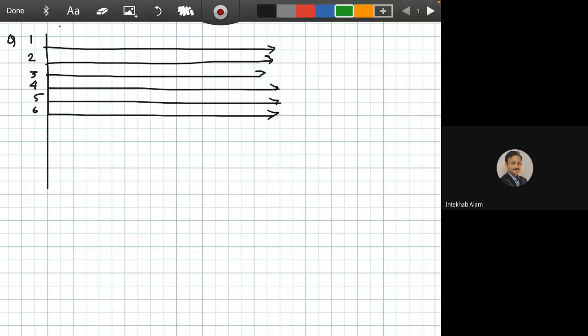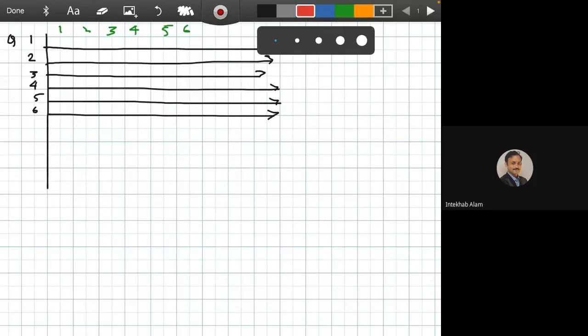This is the mode number 1, 2, 3, 4, 5, 6. And for 180-degree conduction, this is for switch 1.